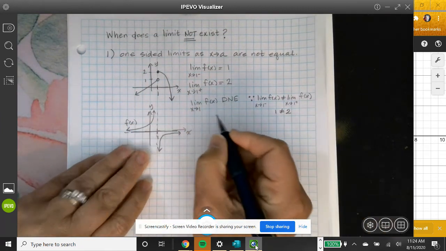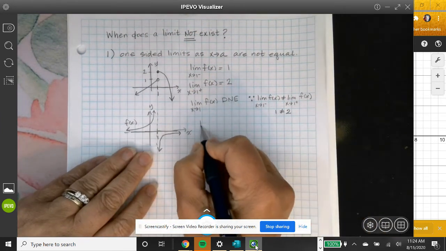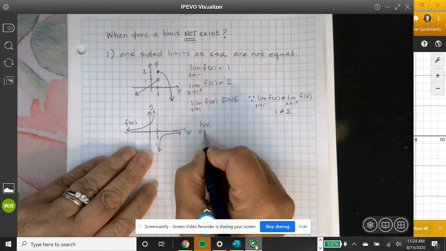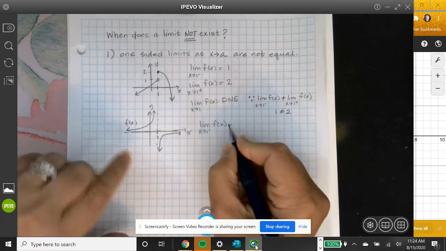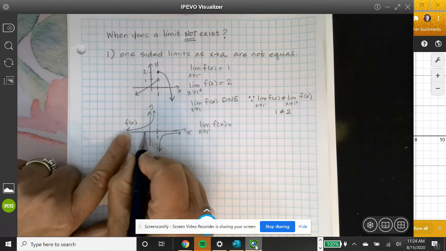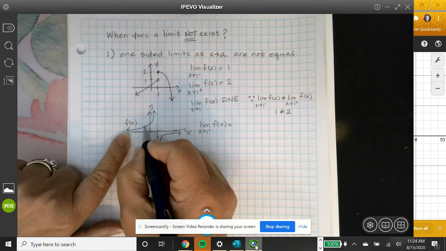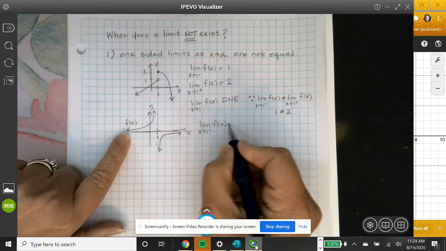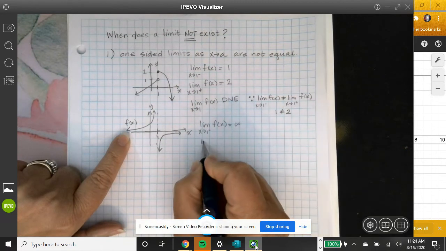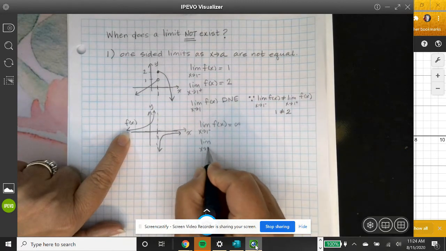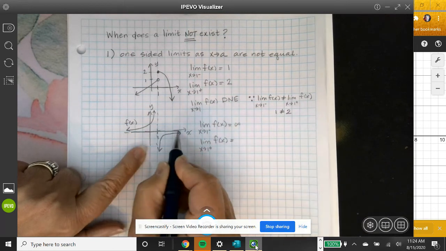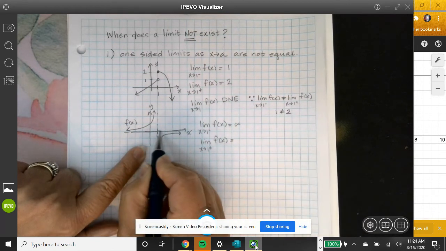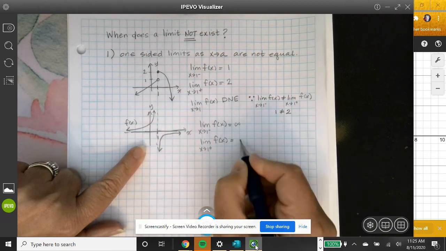So in this case, as x approaches 1 from the left side, or the negative side, my y value is approaching infinity. The limit as x approaches 1 from the right side, as x gets closer and closer to 1 from the positive side, that's negative infinity.